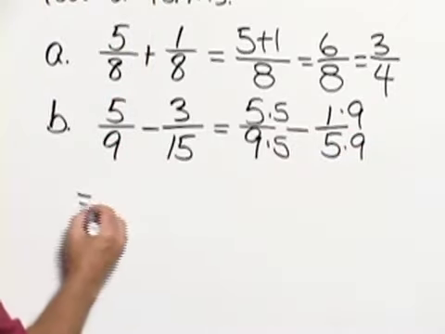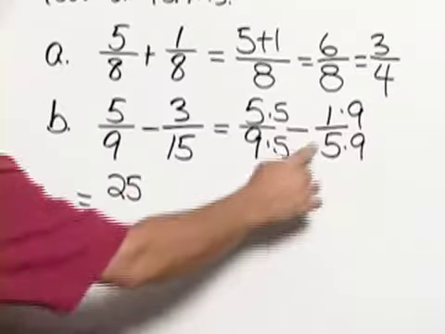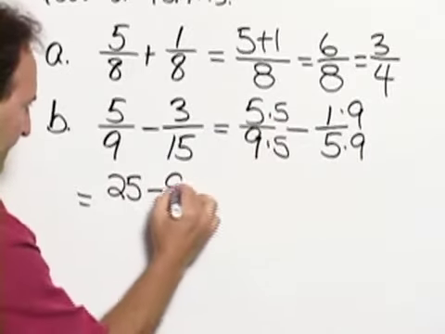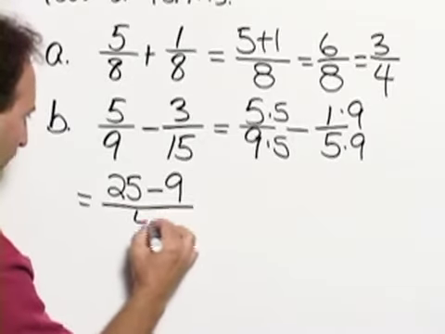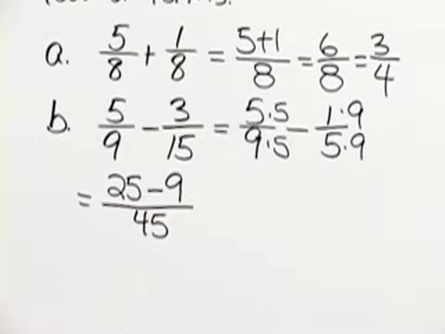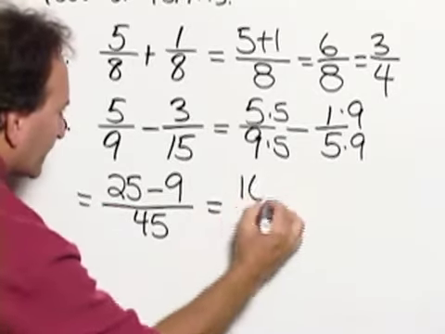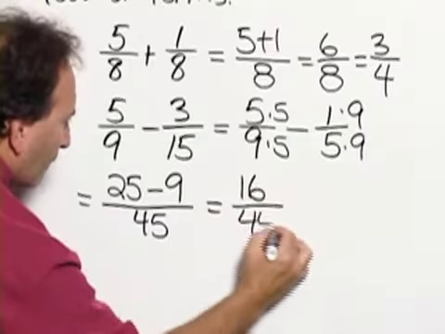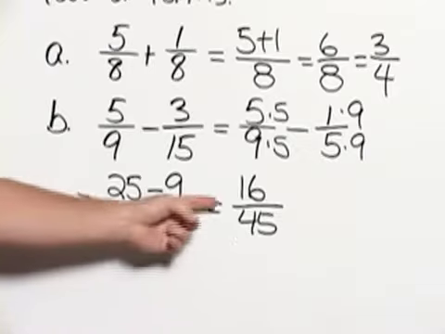So that's equal to 5 times 5 is 25. 1 times 9 is 9, so we're subtracting 9, and we put that over the common denominator of 45. 25 minus 9 is equal to 16 over the common denominator of 45, and we need to look to see if it would reduce.